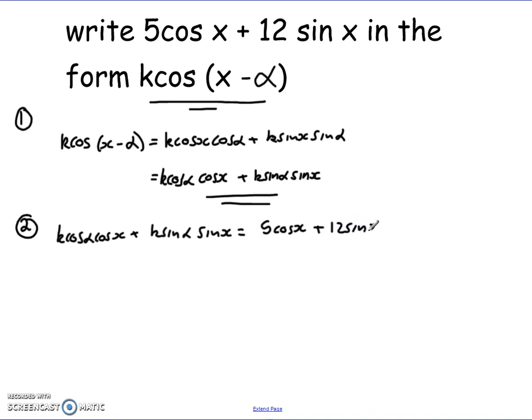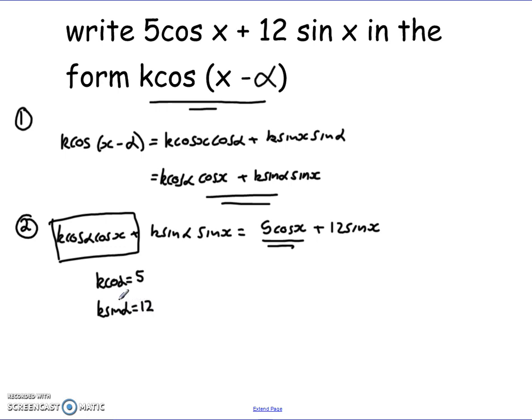So if I look at these and I compare both terms, if I compare the first term, the k cos alpha cos x, with the cos x term here, I've got a cos x and I've got a cos x, but I'm able to easily say that k cos alpha equals 5 from this. If I then do the same by comparing the sin x terms, well, the sin x is the function part, we can ignore that, k sin alpha equals 12.